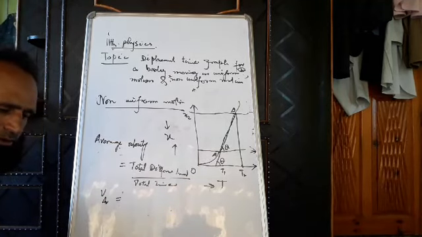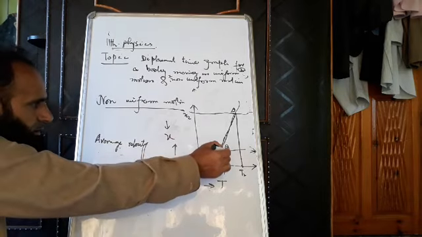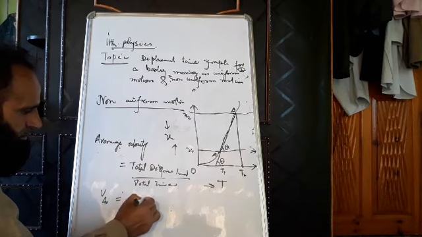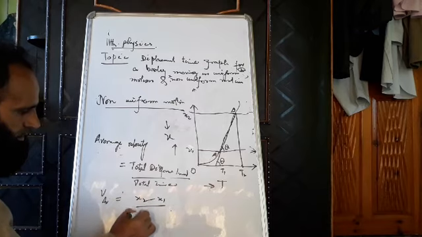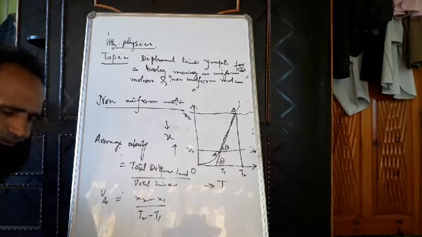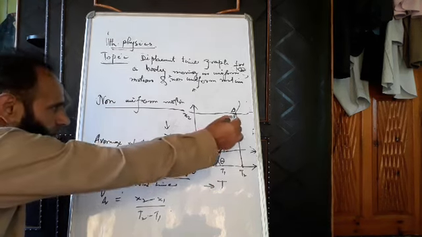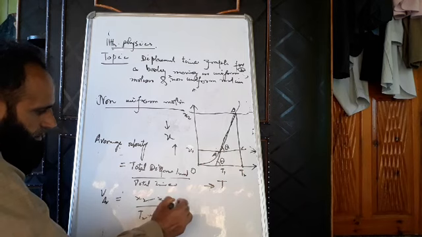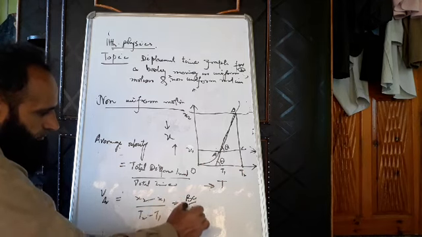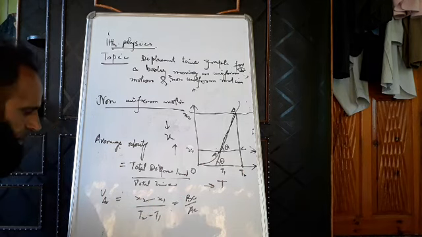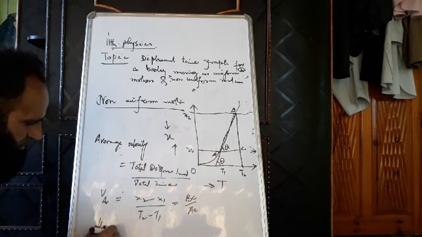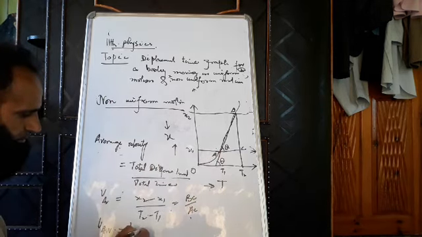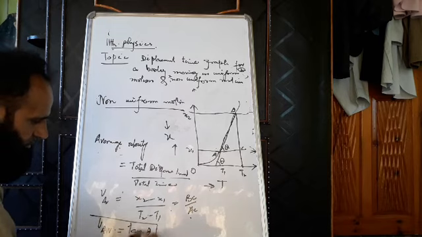That is equal to x2 minus x1 divided by t2 minus t1. That is also equal to BC divided by AC. V average is also equal to tan of theta.